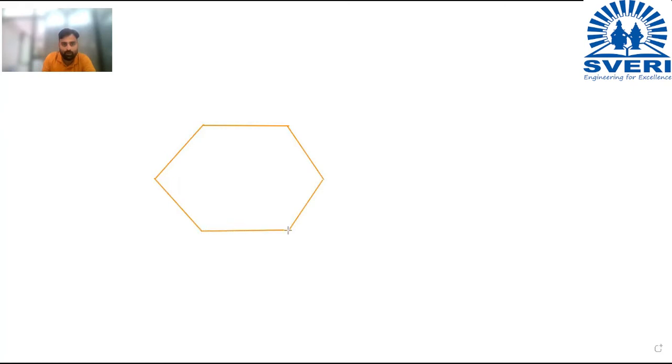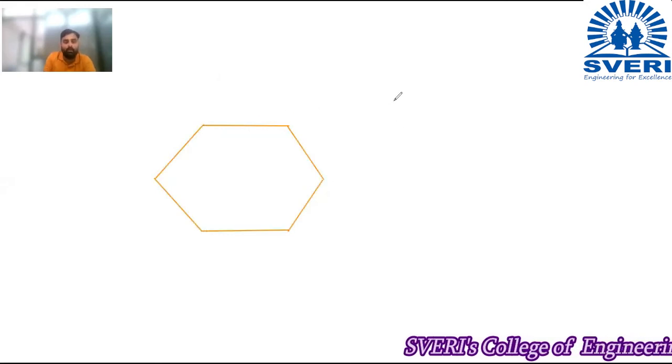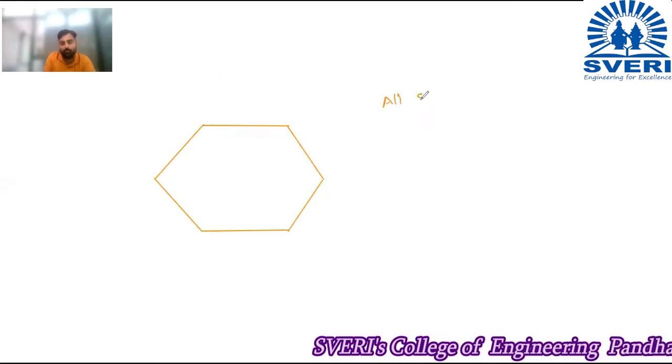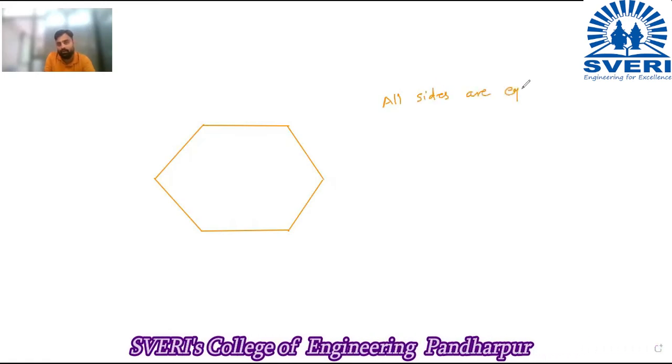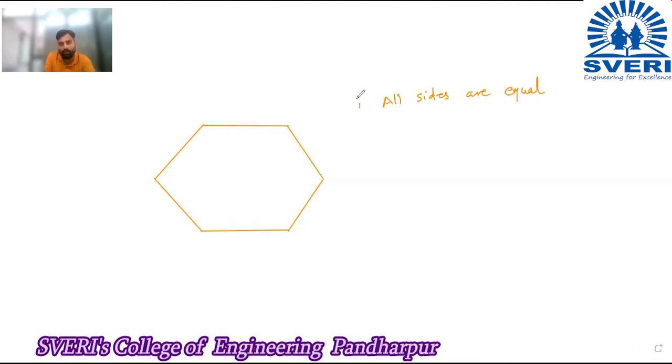Now this is the regular hexagon. If a regular hexagon is there, then what are the properties of the regular hexagon? All sides are equal. This is the first property of a regular hexagon.